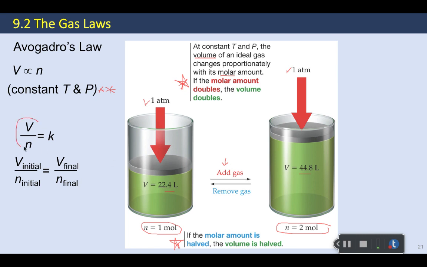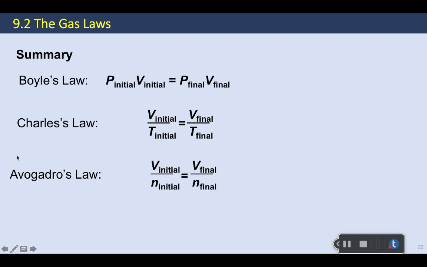So the relationship between volume and the number of moles is a constant. Or we can relate this again to initial and final conditions. The ratio of volume to moles to begin with is going to be equal to the ratio of volume to moles at a second set of conditions. We call that Avogadro's law, but we're not memorizing names of laws. That's not the point here.